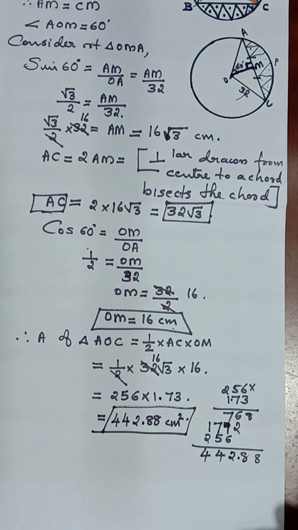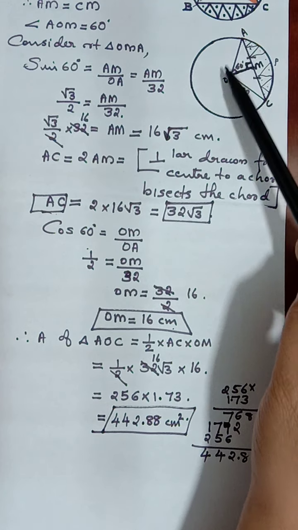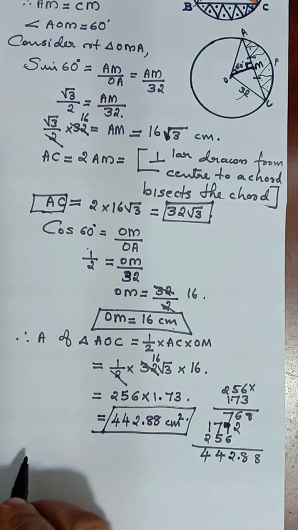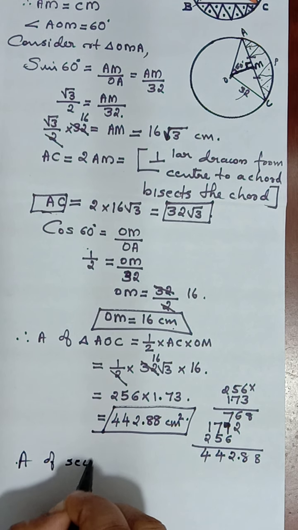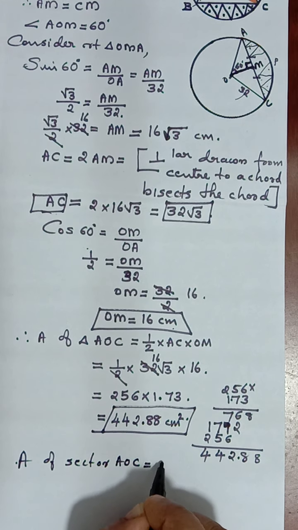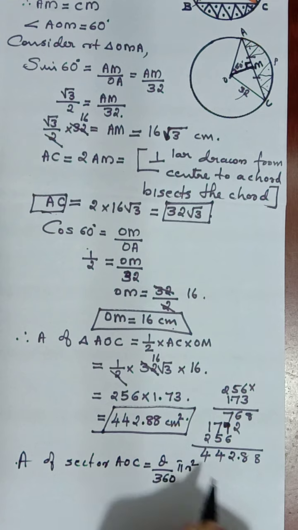It's very important. So what is the next step? For finding out the design, that is the area of the sector. Here you can see the figure: area of the sector minus area of the triangle. So area of the sector formula. Therefore area of sector AOC is equal to theta by 360 into pi r square.